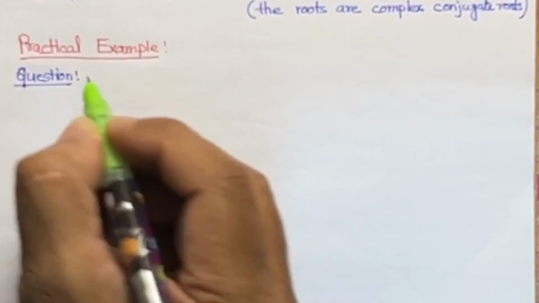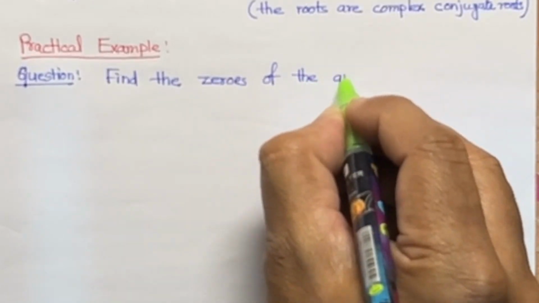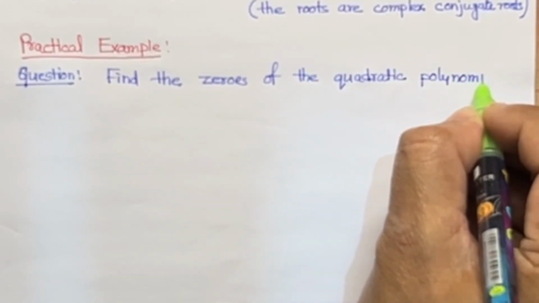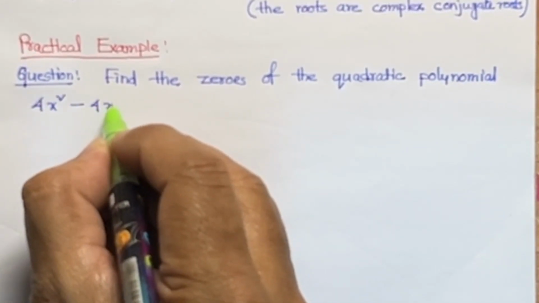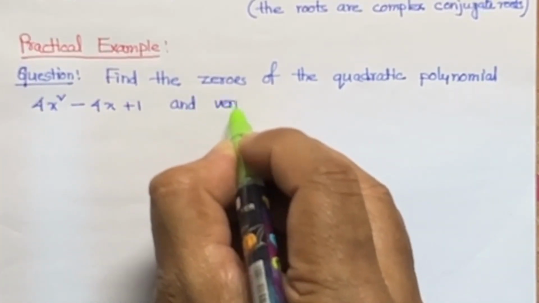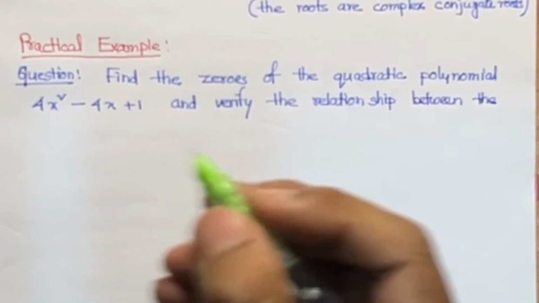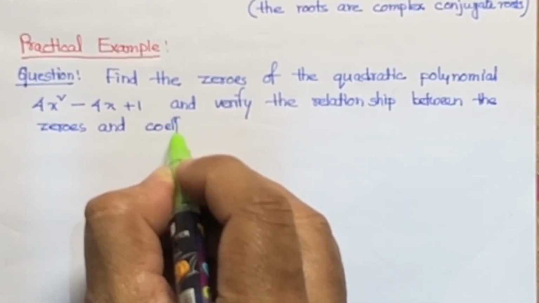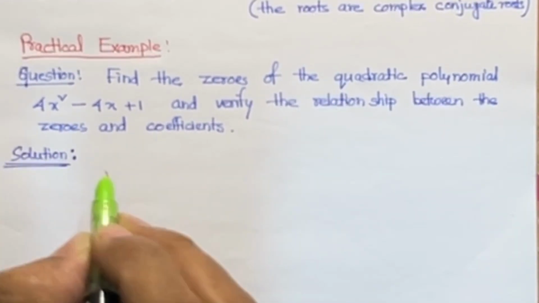Now let's discuss a practical example. The question is, find the zeros of the quadratic polynomial 4x square minus 4x plus 1 and verify the relationship between the zeros and coefficients. So let's start the solution.